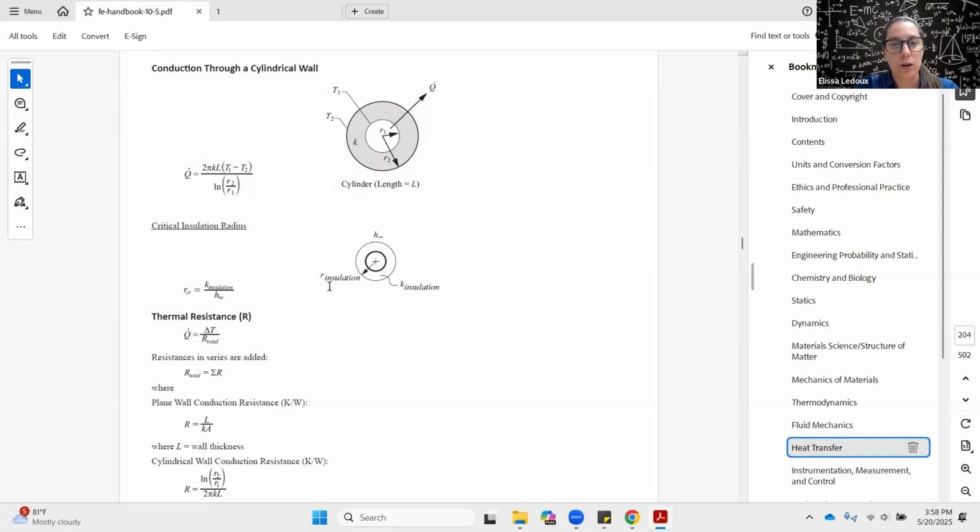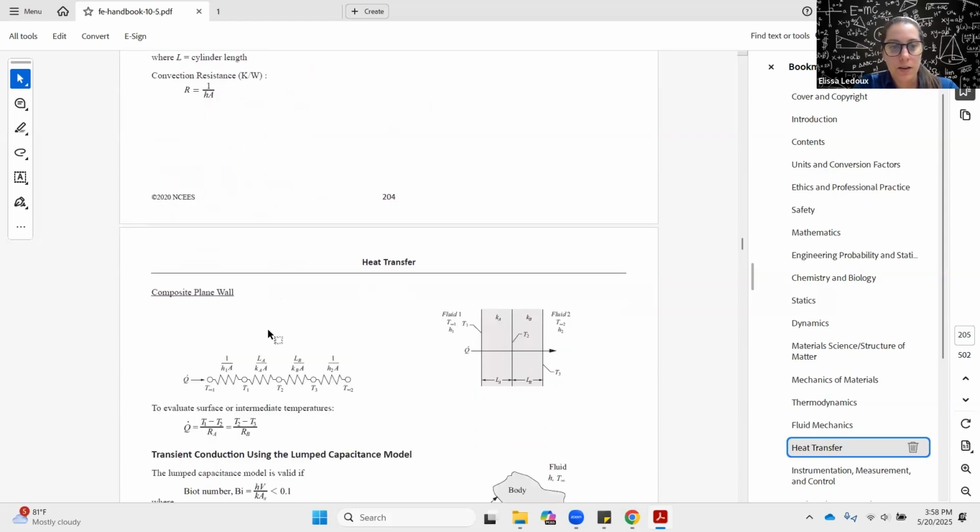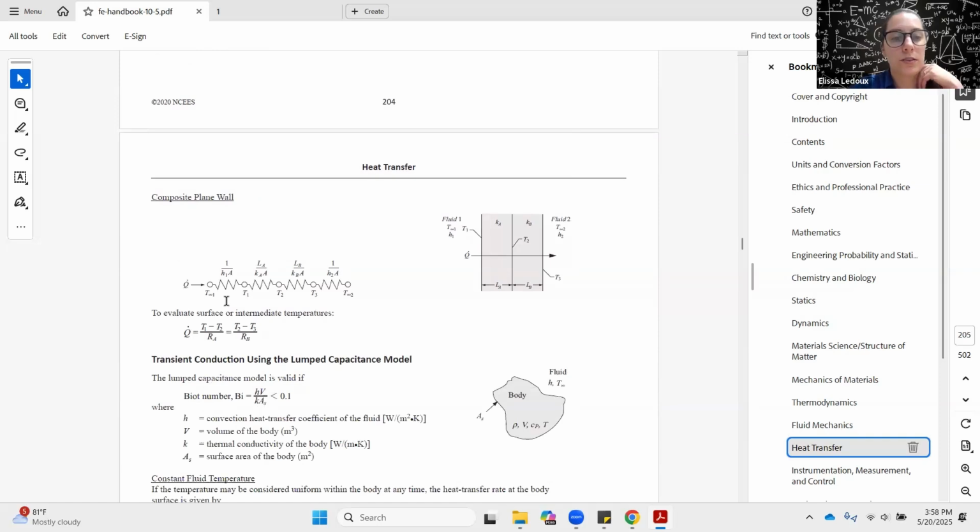And then you can just sort of draw it and approximate it as a resistor. And you can see the temperature drop, which would be like the voltage drop in an electric circuit. So that's what this is showing here.